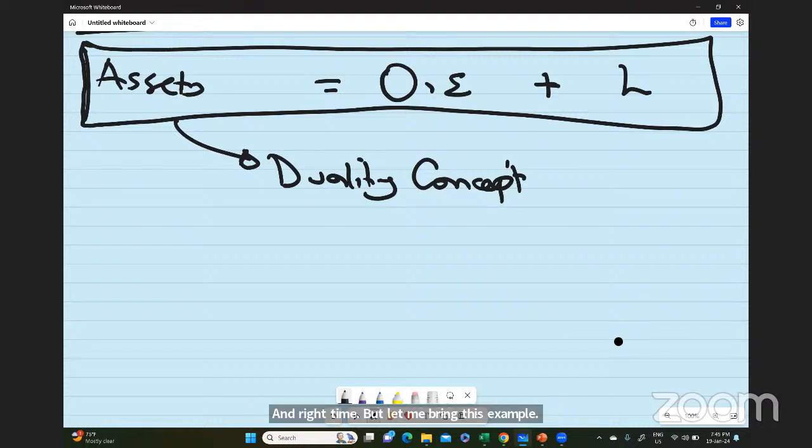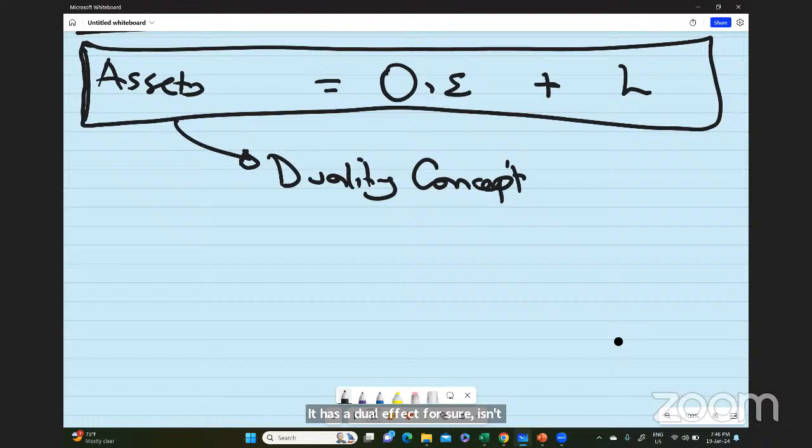But let me bring this example. Assuming that after starting that business, out of the 50 million we got 40 million and we banked it. That is a transaction. It has a dual effect for sure.